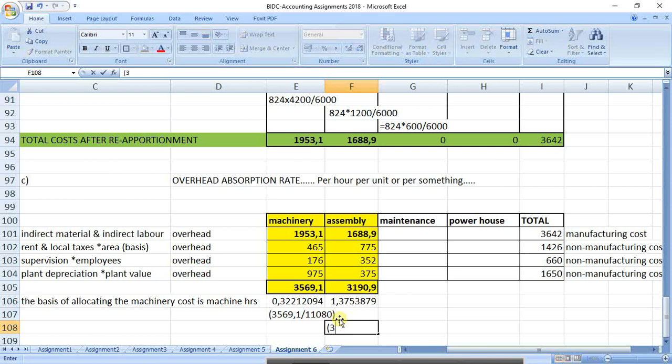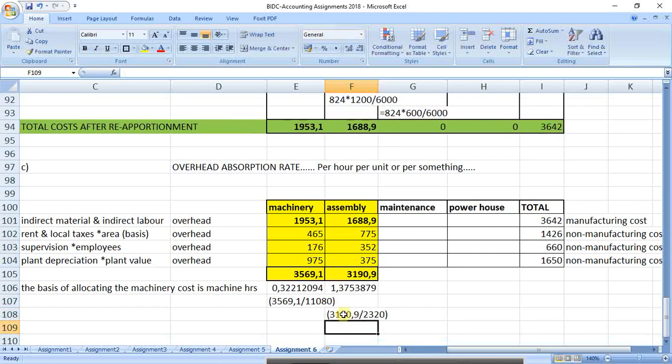So that was 3190,9 divided by, how many hours does that department run for in terms of machine hours? 2320. Okay, so in terms of the rate, those would be the rates. Those would be the rates that I would use to absorb those costs. Okay, so there's the basis, the rates. These are the rates.